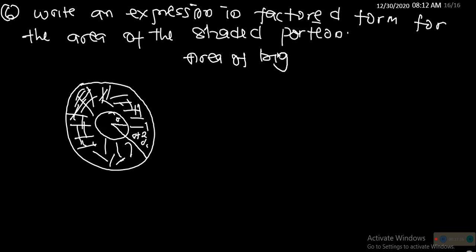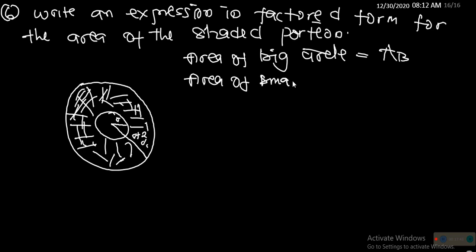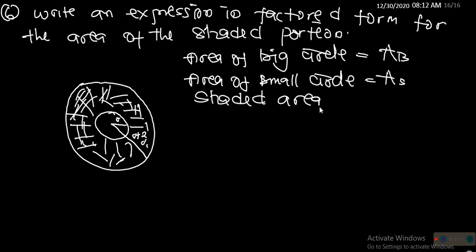Area of the big circle, let's call it AB, area of the small circle, we call it AS, and shaded area we call it A shaded. Okay, so with this step, let's calculate what we have for the big circle.